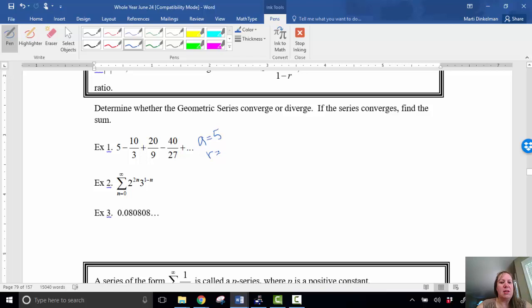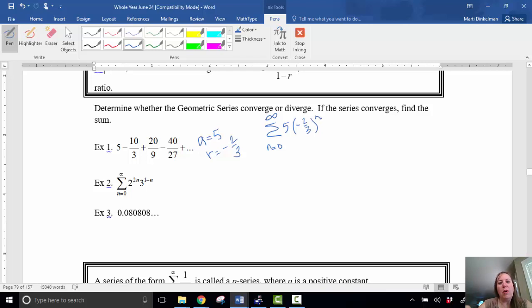The ratio is the thing that we multiply by every time. So from the first to the second term, it looks like we multiply by negative 2/3. Let's just verify that that works from the second to the third term. That's also a negative 2/3. So I think our ratio is negative 2/3. If we wanted to write this now, we could. Again, not necessary, but it's always a and then r to the n.